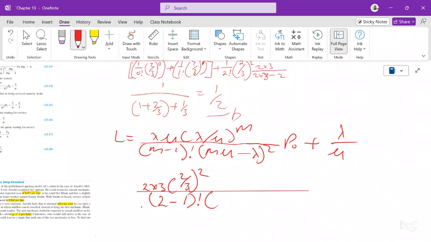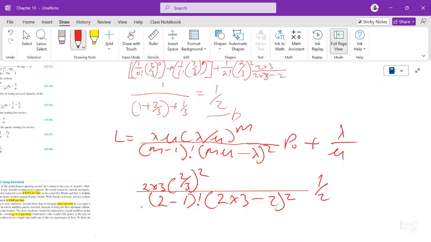Then after that, the nice thing is the following one. It's not LQ, it's W, which is equivalent to L over that. You see that? Then we have 3 over 2 over 2.